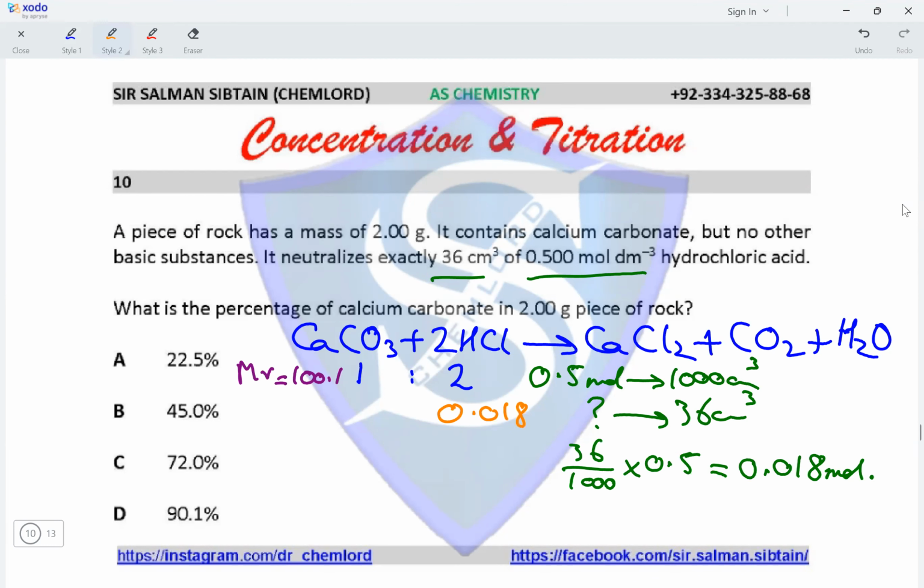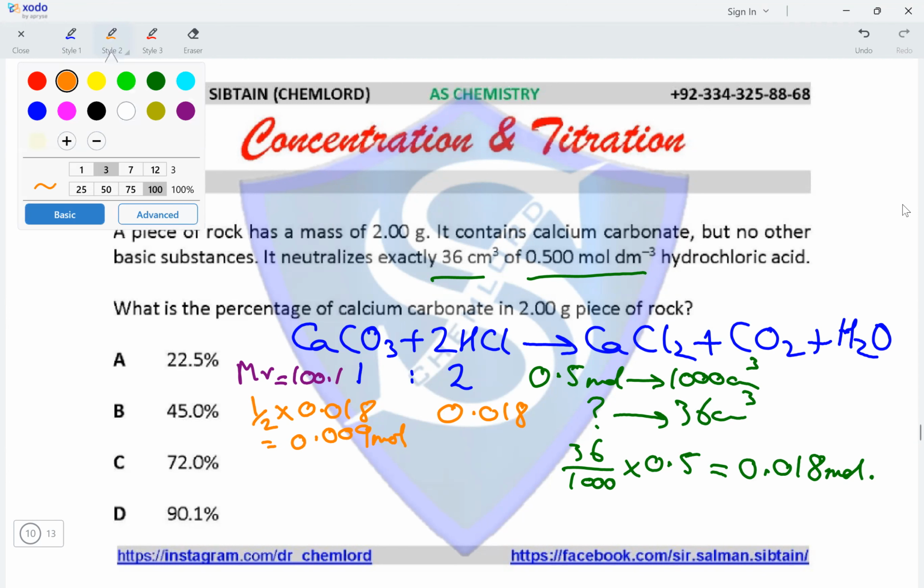Now we have the moles of HCl present, which is 0.018. So moles of calcium carbonate will be half of 0.018, which will give us a value of 0.009 moles. Now we have moles of calcium carbonate. We have Mr of calcium carbonate. We can calculate the mass of calcium carbonate.